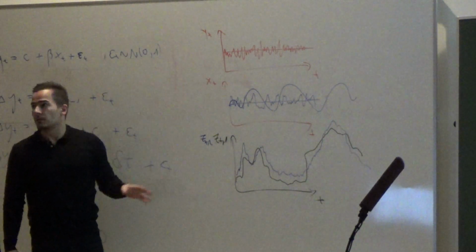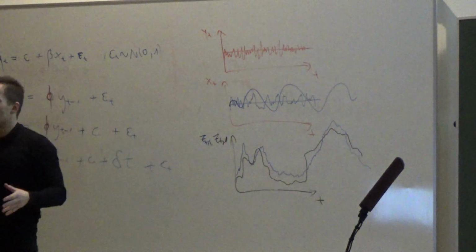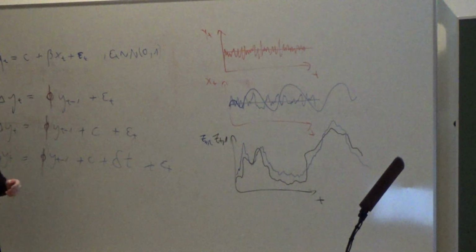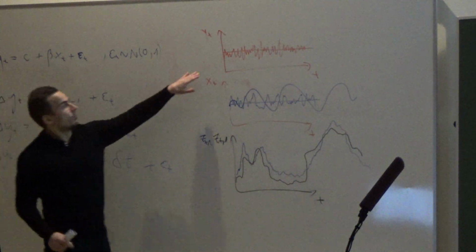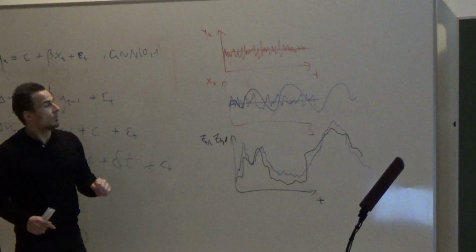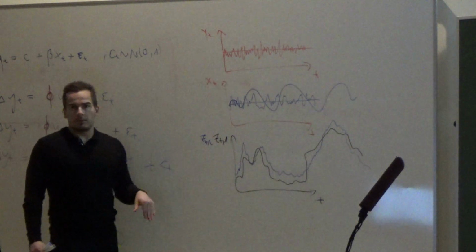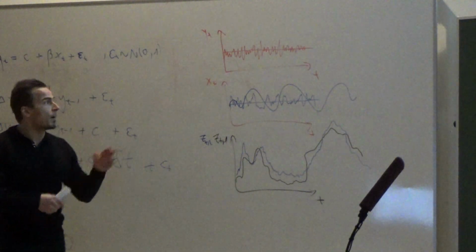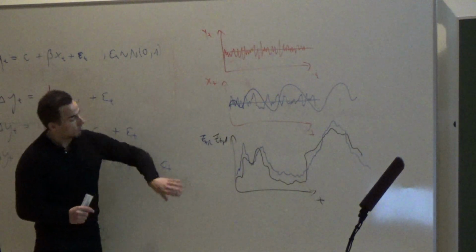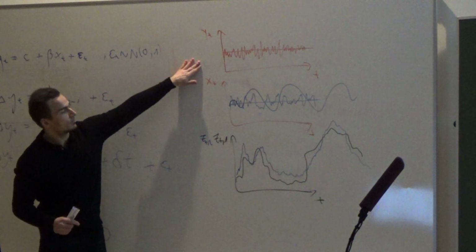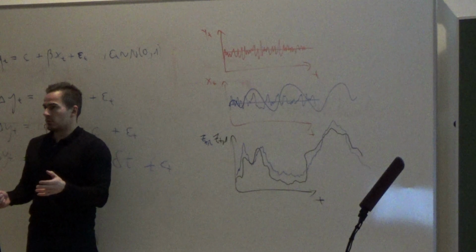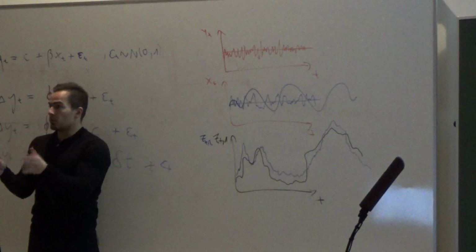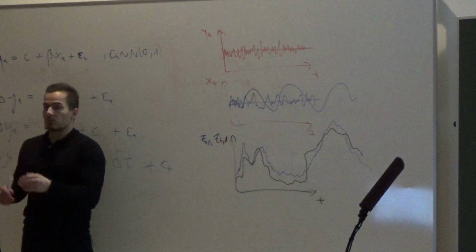It's not self-evident, so we have to make a test. We have to ensure statistically that we are operating either with stationary time series or that they are co-integrated. Depending on the case, we have to choose the corresponding methodology, so we use different methodologies in these cases.